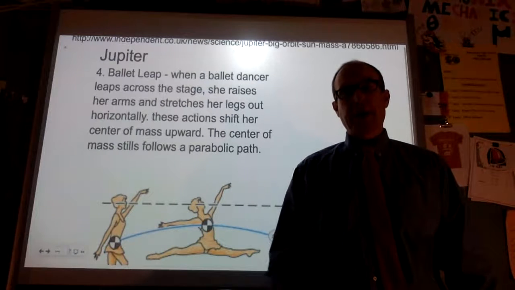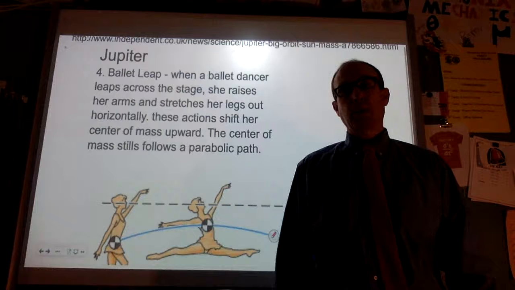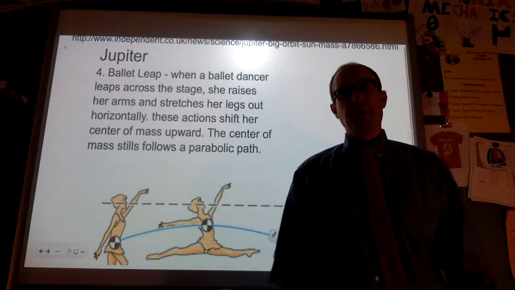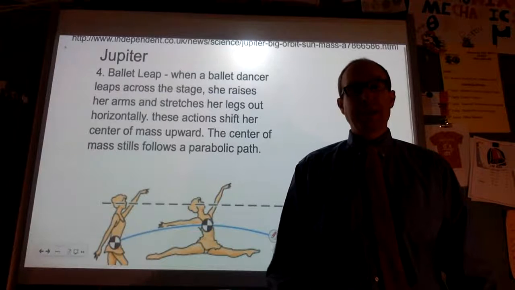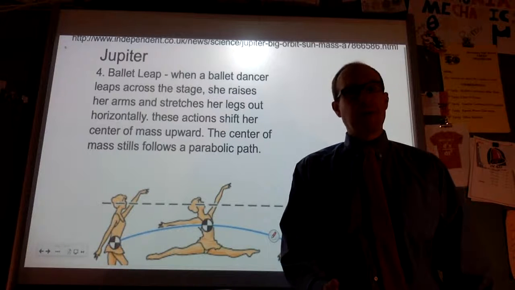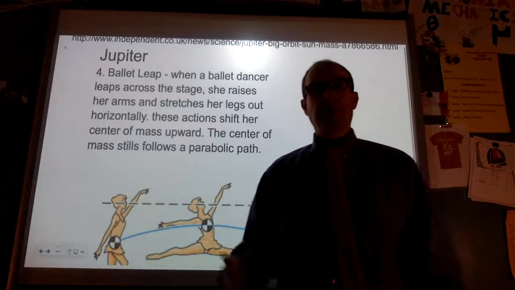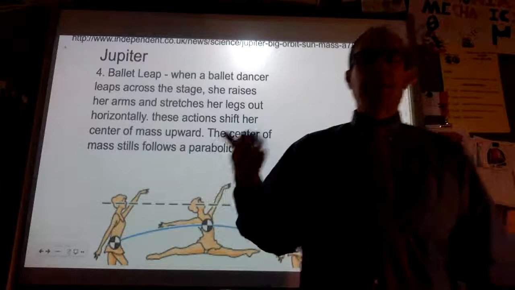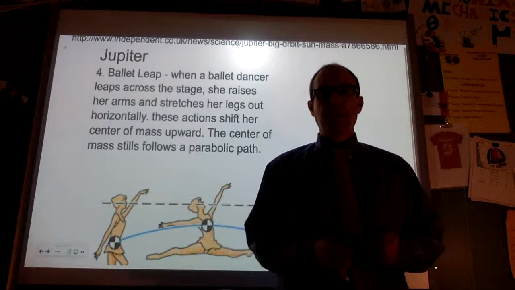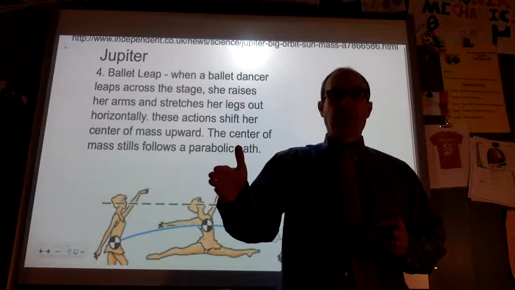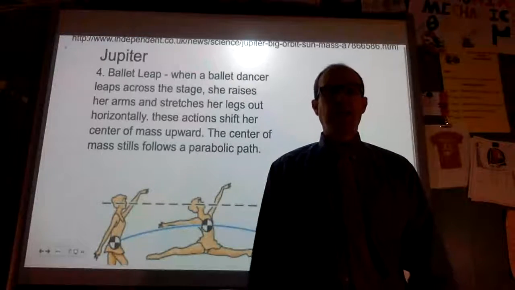If you're talking about the moon and the Earth, the center of mass of the moon and the Earth is not quite going to be the center of the Earth. It's going to be shifted a little bit towards the moon. If you're talking about the Earth and the sun, the center of mass of that system is not quite going to be the center of the sun. It's shifted a little bit inside of the sun.